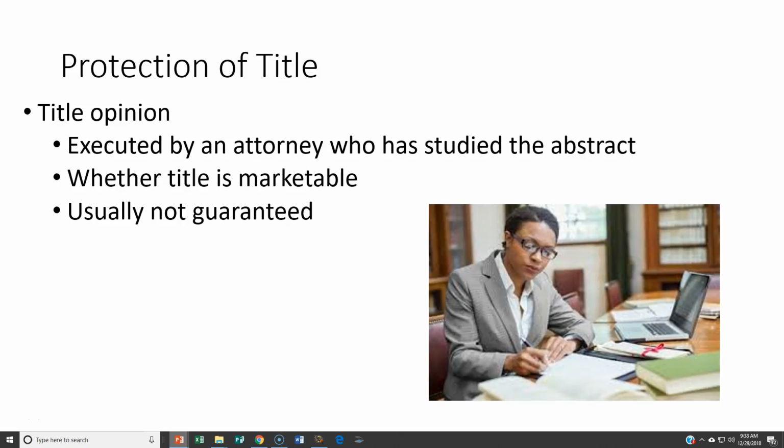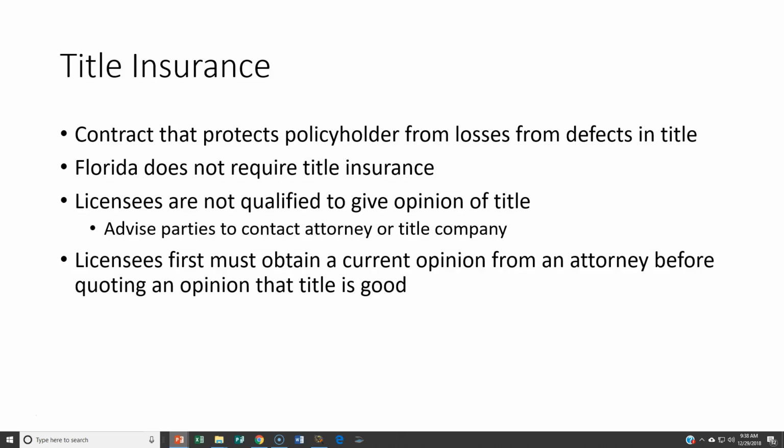We need something to protect us in case there are errors or mistakes or omissions in the research. So a title opinion is actually executed by an attorney who has studied the abstract, and they would like something called title insurance to go with this. This is a contract that protects the policyholder from losses from defects in title.